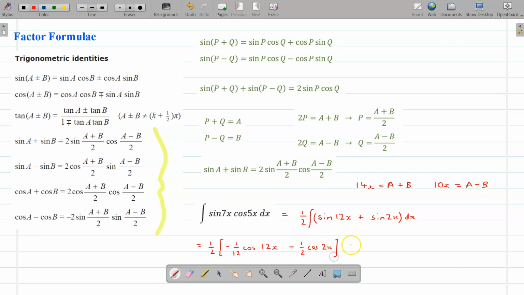And then, of course, there will be a plus c at the end. And that's it. And you could tidy that up or rearrange it.